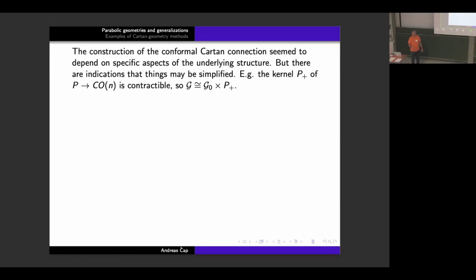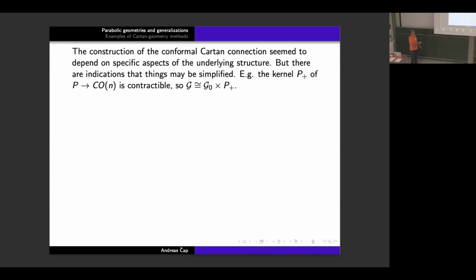And we said this is isomorphic to R^n, so it's a contractible space. And if you look at the Cartan bundle as a bundle over the conformal structure you start with, it's a principal bundle with that group, but any principal bundle with a contractible structure group is trivial. So in a way, it's pointless to put effort into the construction of the Cartan bundle because in the end it has to be trivial over the conformal structure.